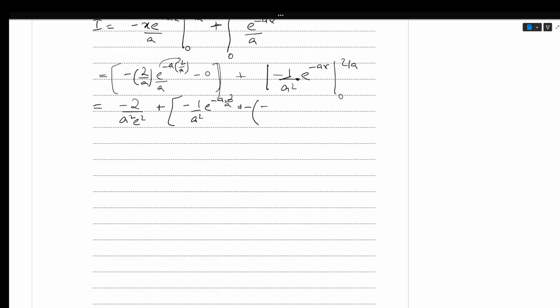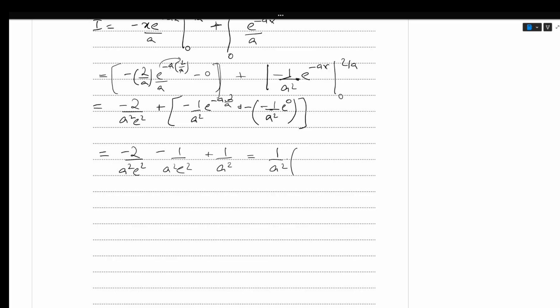Minus, because the lower limit gives a minus, -1 over a square e to the 0, which means -2 over a square e square, -1 over a square e square, and then plus 1 over a square, which is simply 1 over a square.